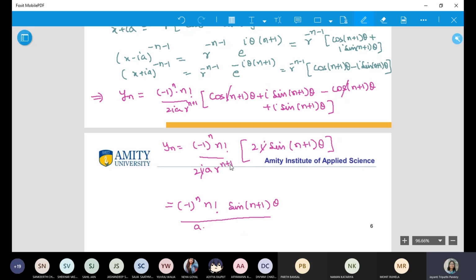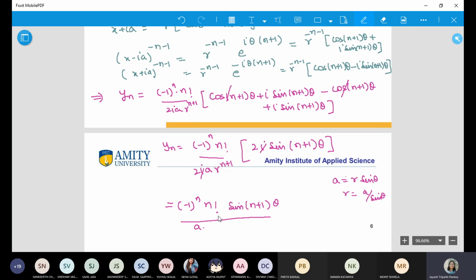Now r to the n plus 1, because r is also replaceable. We can write r as, what was our r? It was like this, sorry, a is equal to r sine theta. Yes. a was r sine theta. So r can be written as a upon sine theta.